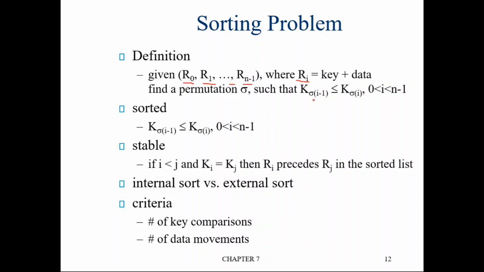Based on these keys, we want to sort in such a way that finally the sorted list will have the key I minus 1 less than or equal to the key I. If two keys are the same, and if I is less than j, that is, if the key values are the same but the key numbers are different, in that case the object Ri will come before Rj.